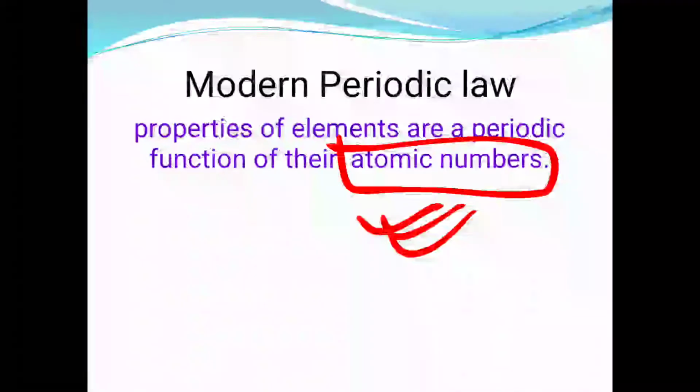From there onwards, we are using a method where atomic numbers are used to classify all the elements, to put the elements in the table. Okay, so this table is called the modern periodic table, where all the elements are arranged according to their atomic numbers.